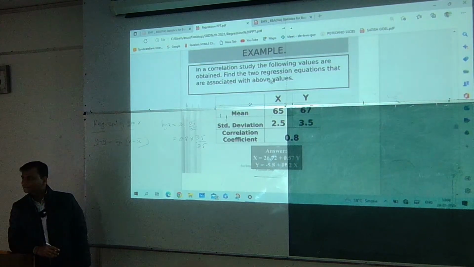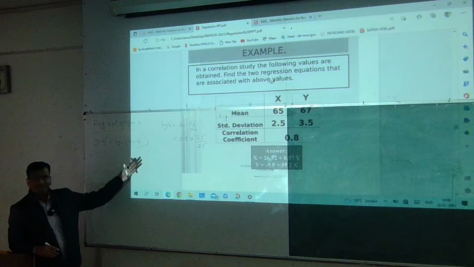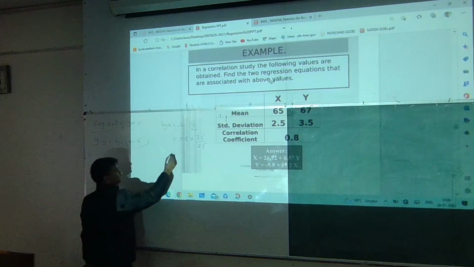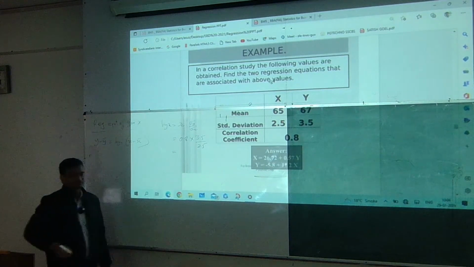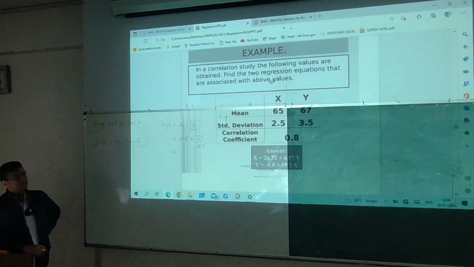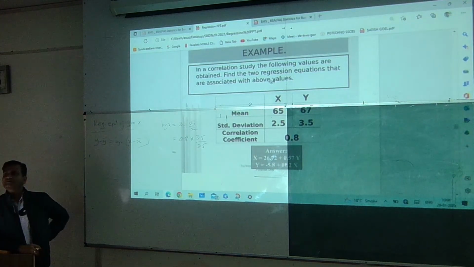ठीक है, कितना आ जाएगा? How much? हाँ जी, anyone, how much? So you can calculate b_yx.